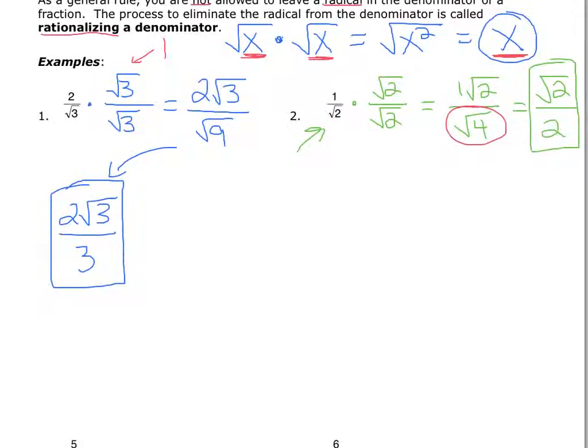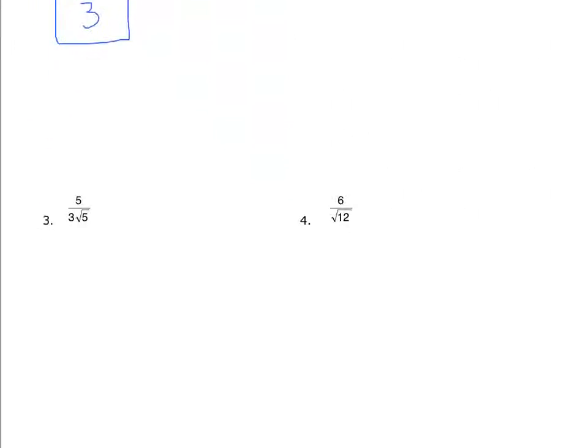Taking a look at the examples further down the page. This time we have 5 over 3 radical 5. I want to get rid of the radical 5 in the denominator. So I'm going to multiply both the bottom and top by just the radical 5.